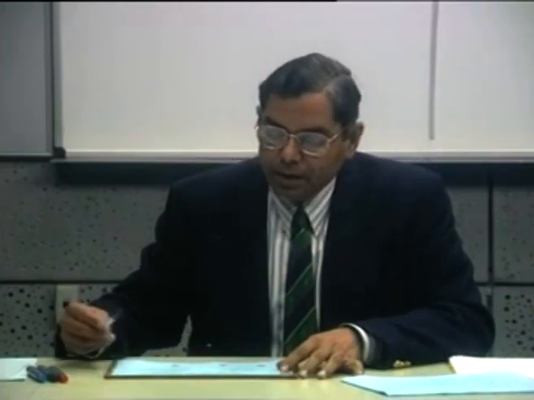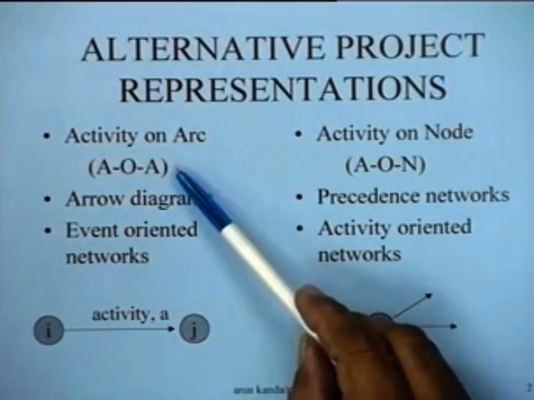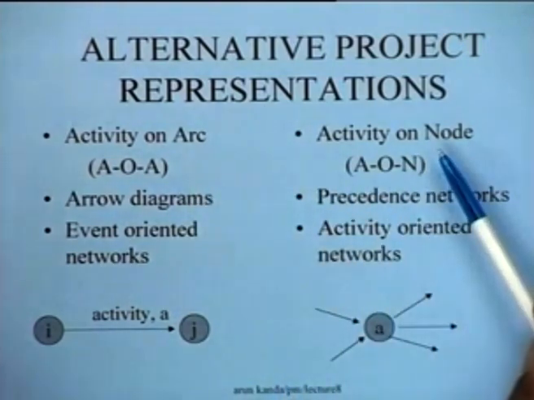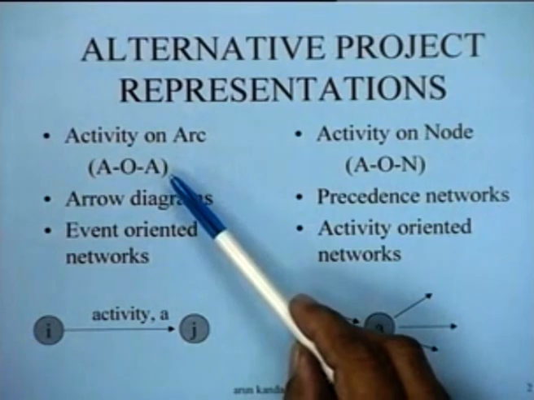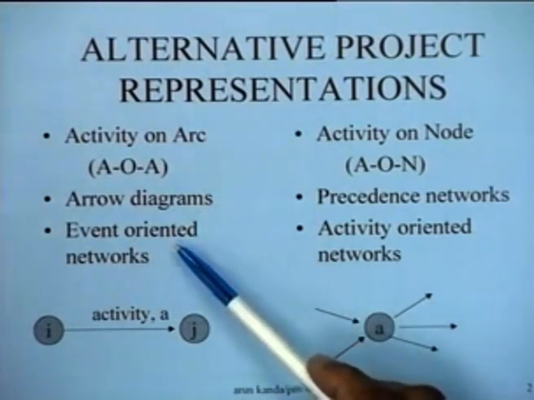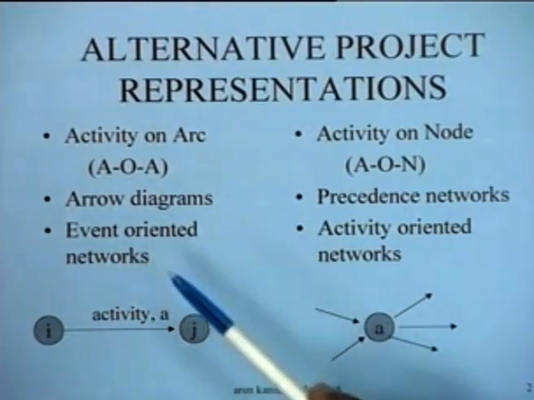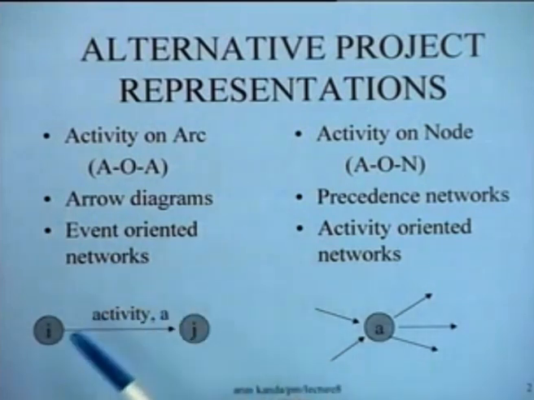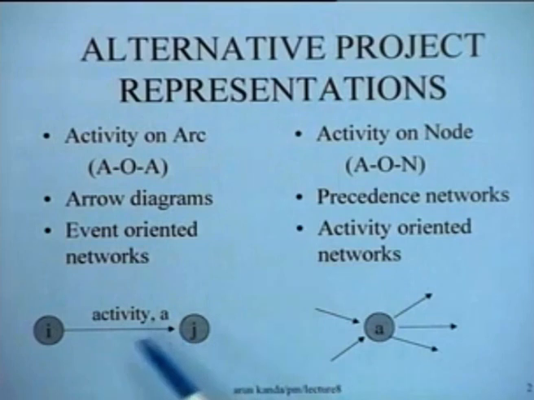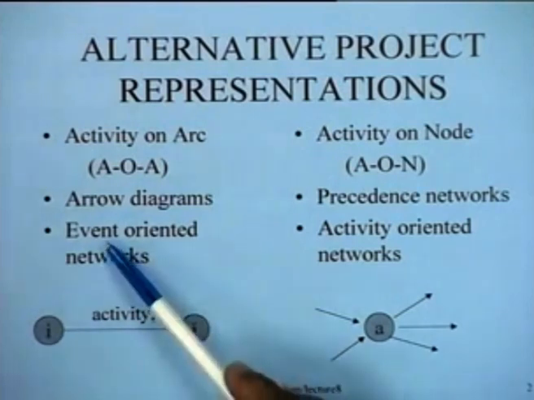As you know, projects can be broadly represented in two modes: the activity on arc mode and the activity on node mode. The activity on arc mode is popularly referred to as an arrow diagram also, and these calculations are generally event oriented calculations, because in this AOA representation each activity is represented on the arrow, and the starting node and the end node of each activity is given the interpretation of an event.